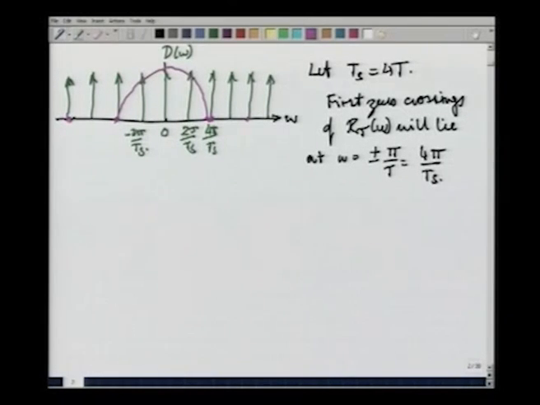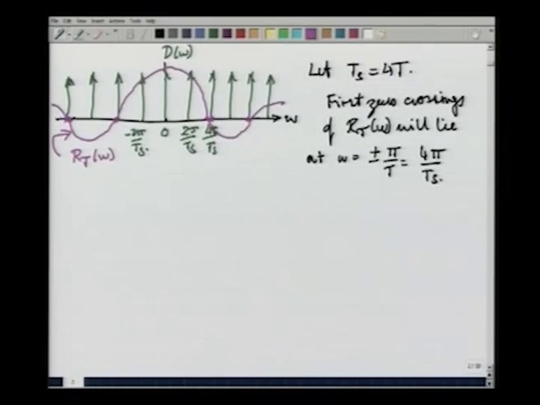You will get something that goes like this, and here too you will get something that goes like this, and then goes on like this. So that is the layout of this new function, which is RT of omega.